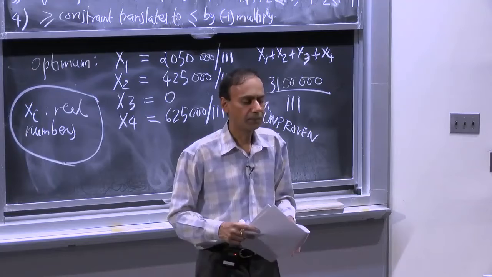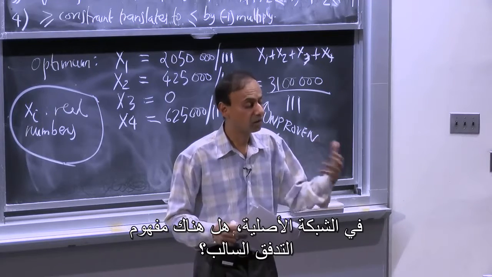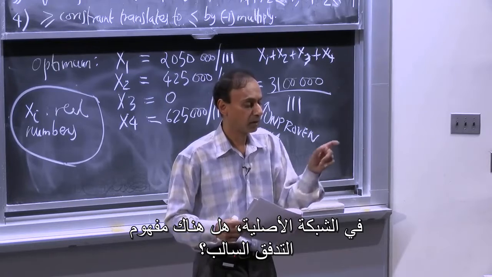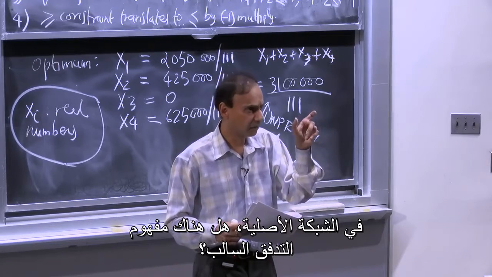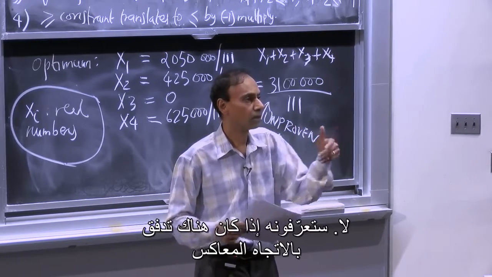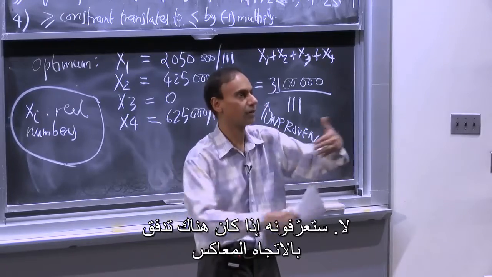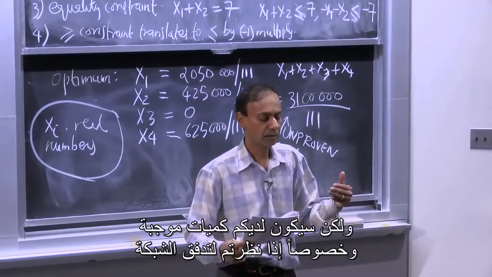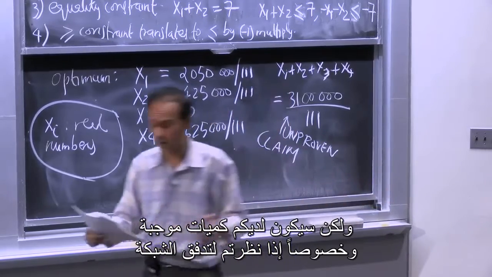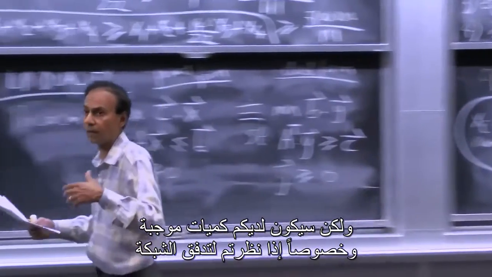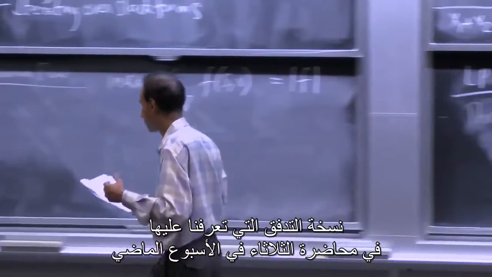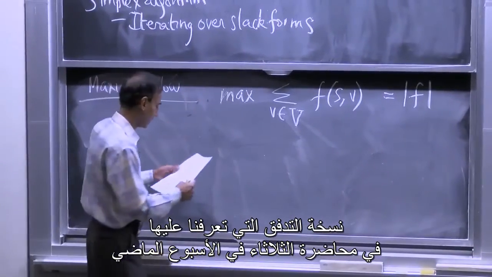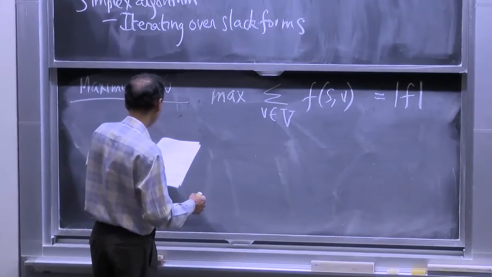In the original network, is there a concept of negative flow? No, you will define it going in the other direction. So we did talk about negative numbers, but you're going to have positive quantities, especially if you look at net flow, the version of the flow that we zoomed in on in the Tuesday lecture from last week.